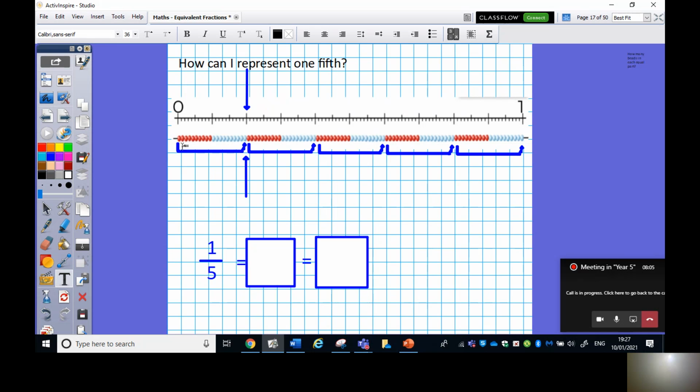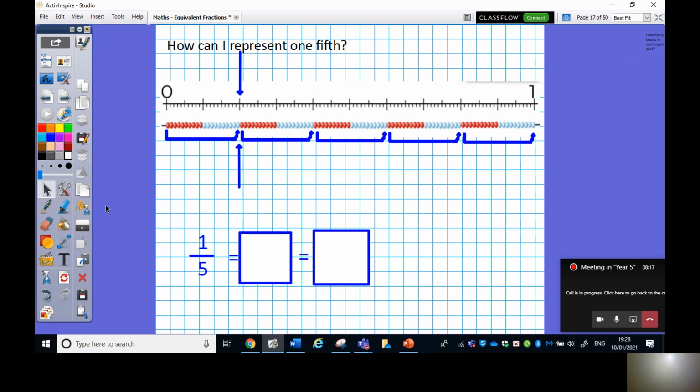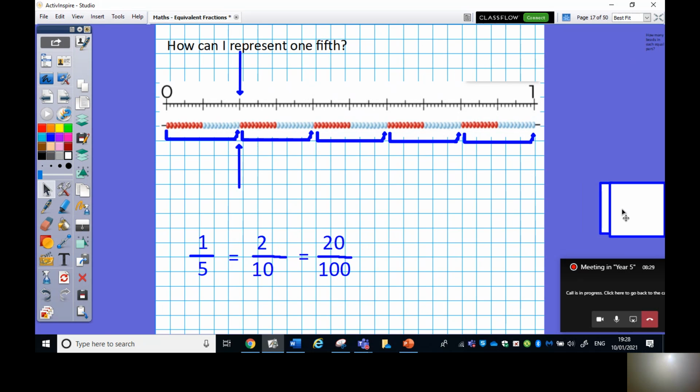Let's count. We have 10, 20. Good, we have 20 beads out of 100. So we have 20 hundredths. Now let's take a look at how many tenths there are. Good, there are 2 tenths. So 1/5 is the equivalent of 2 tenths, which is the equivalent of 20 hundredths.